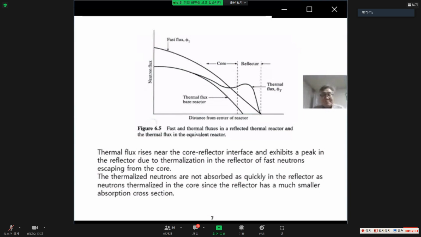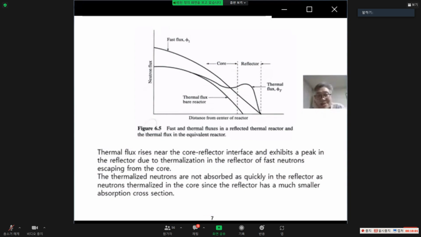Before we go to the next step, let's look at the flux shape. There is a fast flux phi 1, and the core region and reflector region are shown.